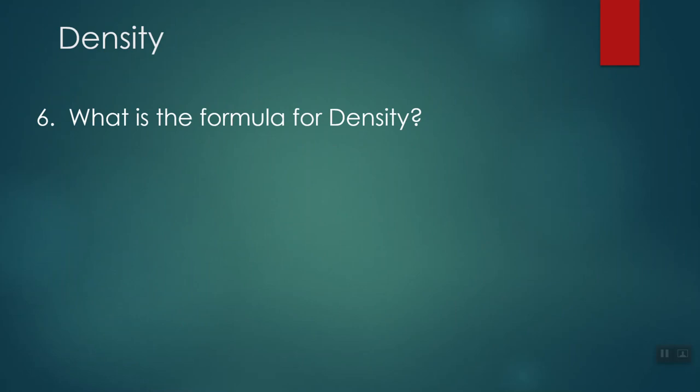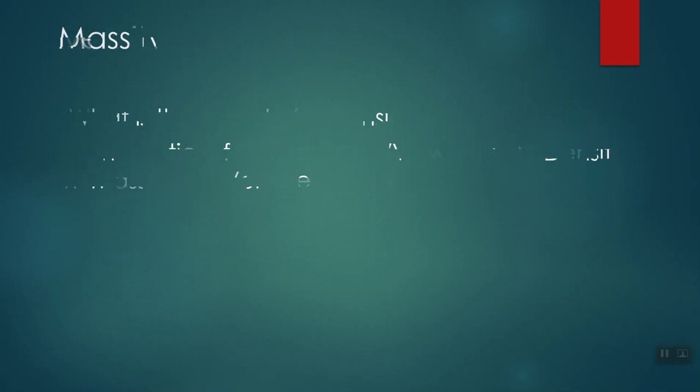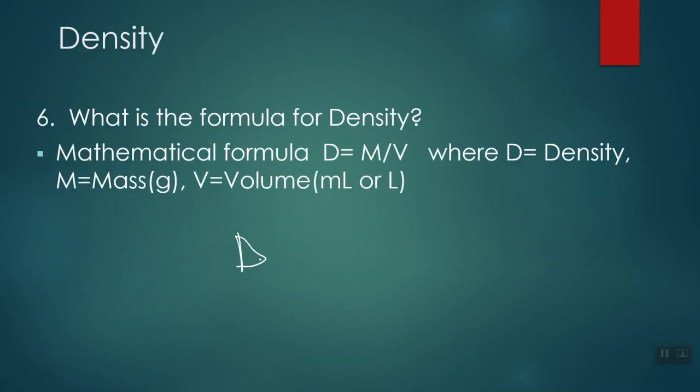So what is the formula for density again? It is density is equal to mass over volume. D is equal to M over V. Let me share with you the great triangle of science.